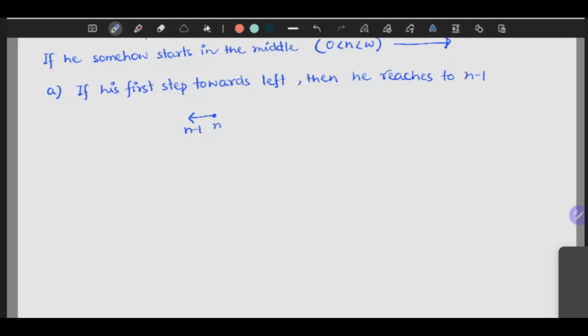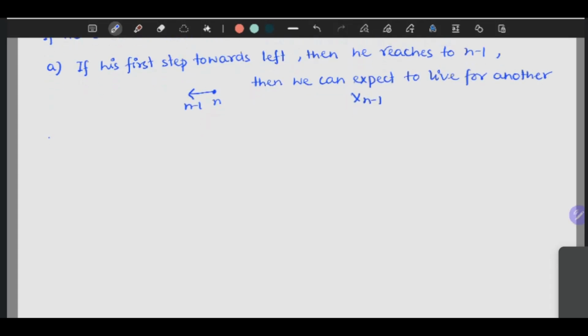Then we can expect him to live for at least another xn minus 1 positions.